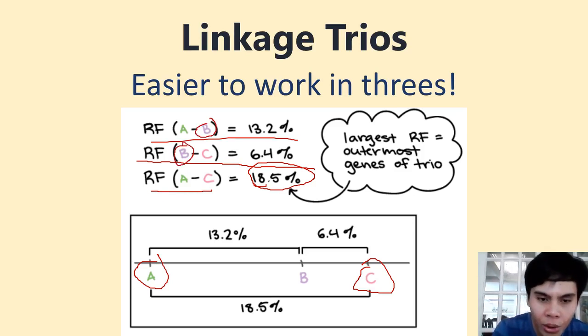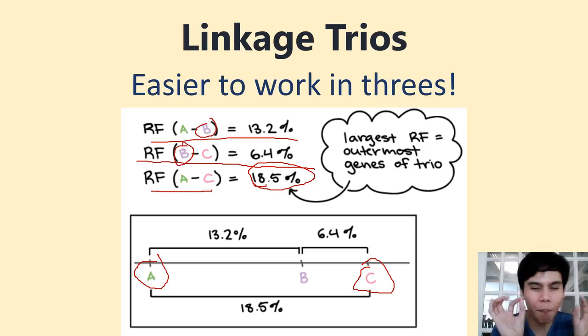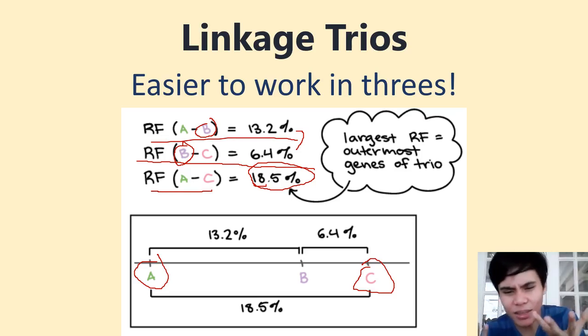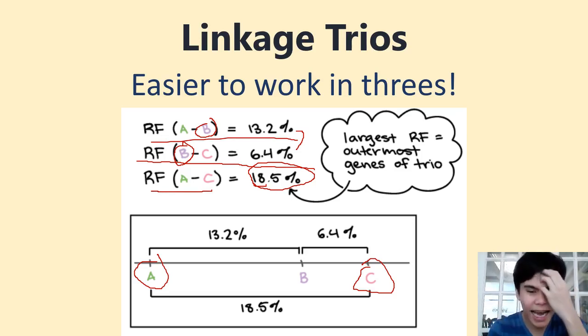And your recombination frequencies should approximately add up to each other. Again, 13.2 plus 6.4, it's sort of close to 18.5. You'll get 19.6. So, medyo, again, hindi siya saktong science, pero medyo nag-a-add up sila. Again, we work in trios, in threes, in order to figure out where the loci are, how these genes are arranged on the chromosome.